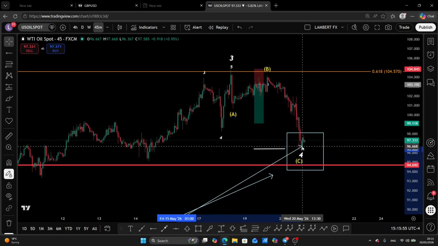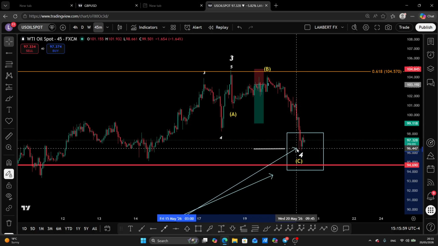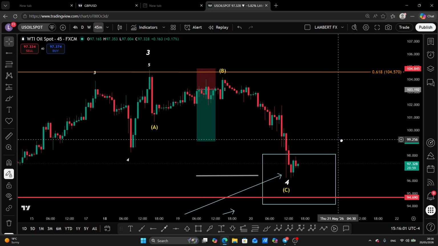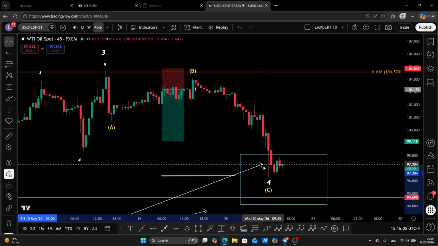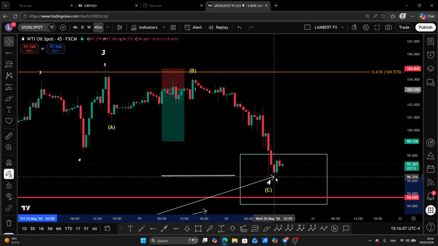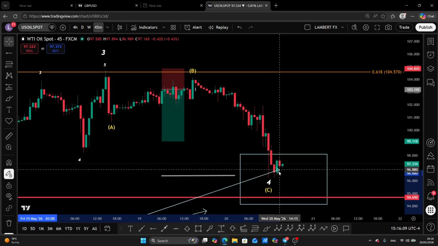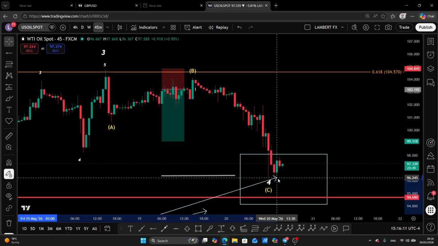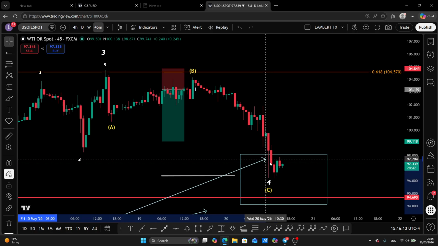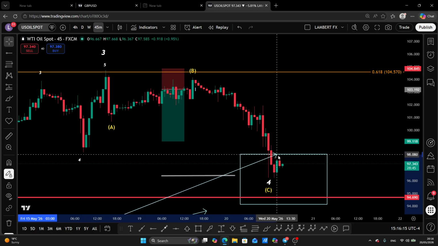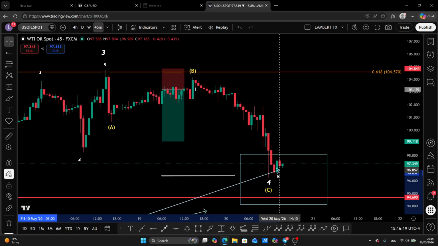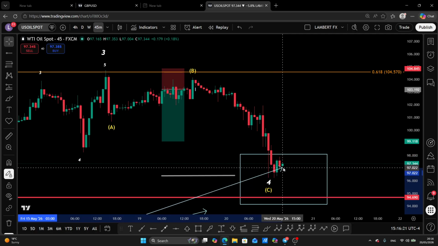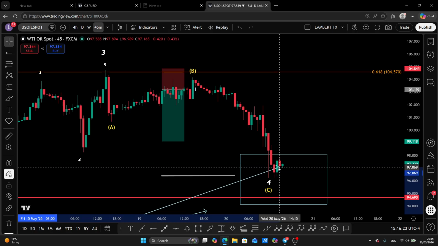We're having a good rejection inside the box. I just zoomed that for you. So we first of all had this rejection, and then the market came back, and we had this bullish candle. This is the 5 minutes time frame, by the way. The next 45 minutes candle tried to challenge this bullish candle, but failed halfway.